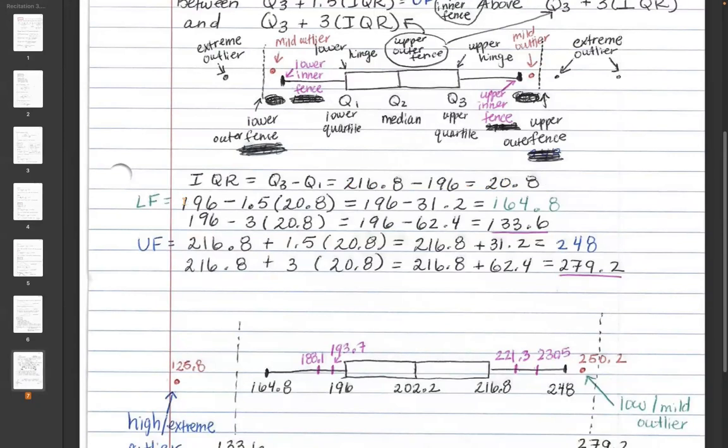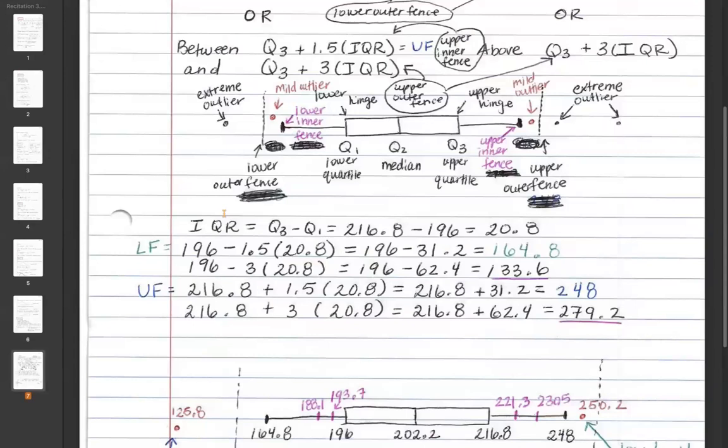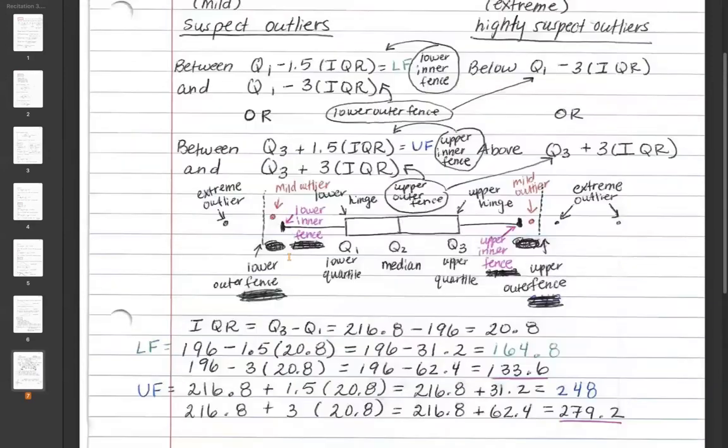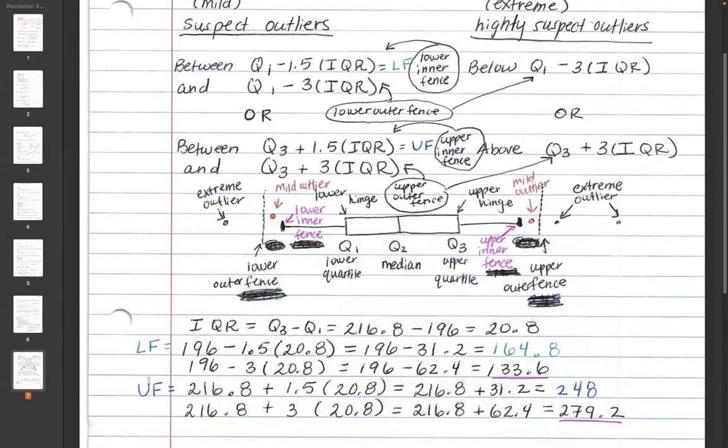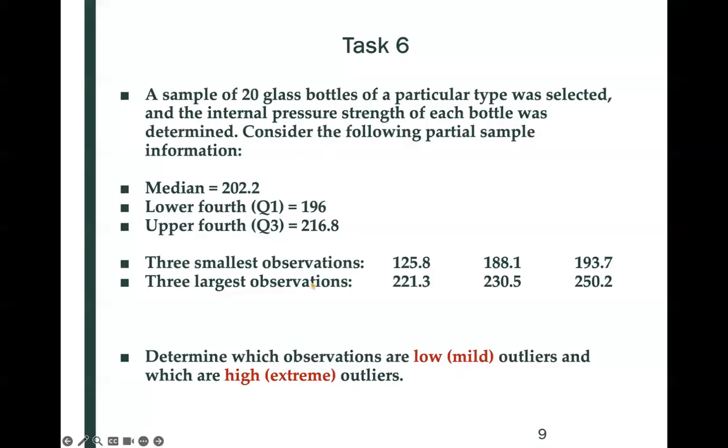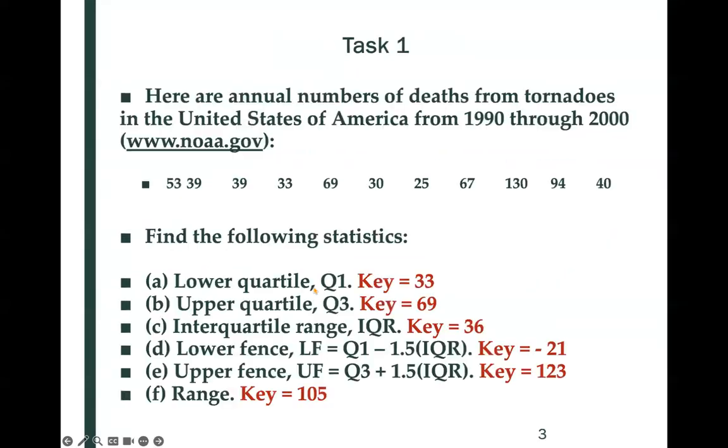And then here, I'm also going to calculate the lower inner fence, the lower outer fence, the upper inner fence, the upper outer fence. This LF and UF is the same lower fence and upper fence that was referenced in one of the earlier slides.